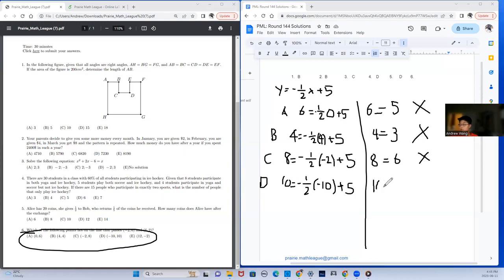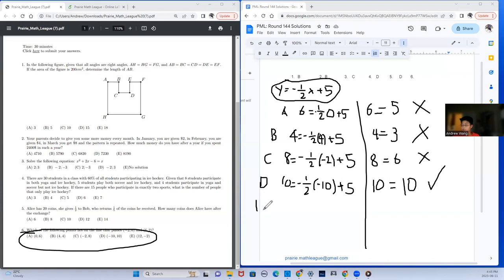And supposedly 10 equals -1/2 times -10, 5, plus 5 equals 10. So 10 supposedly equals 10, and it actually is 10. So that means the coordinates of D actually match this equation of the line, y equals -1/2 x plus 5, and therefore D, -10, 10, this point will lie on the line.